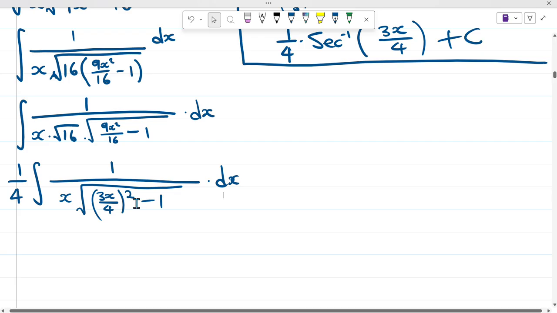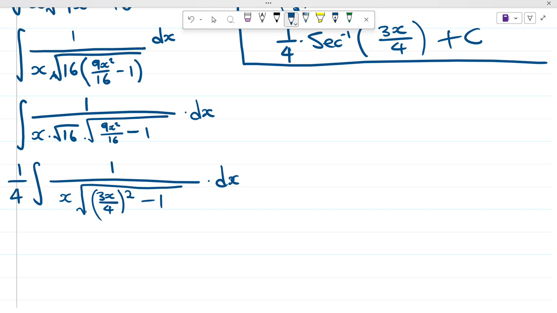So what we need to make sure of is, remember, the thing that's outside here should be the same as whatever is squared there. So here I must make sure that I have 3x over 4.